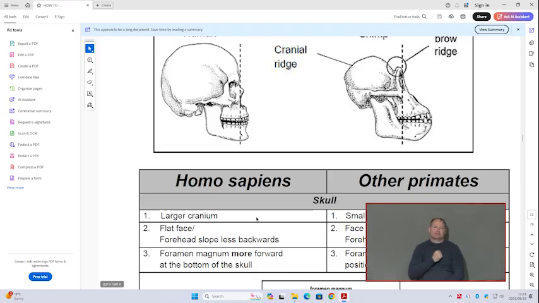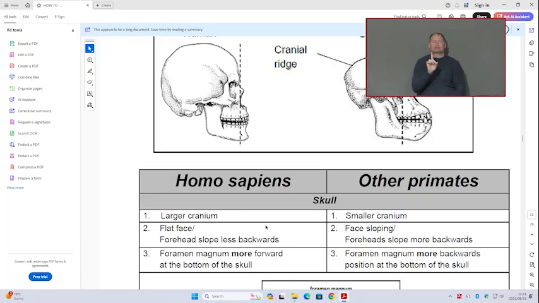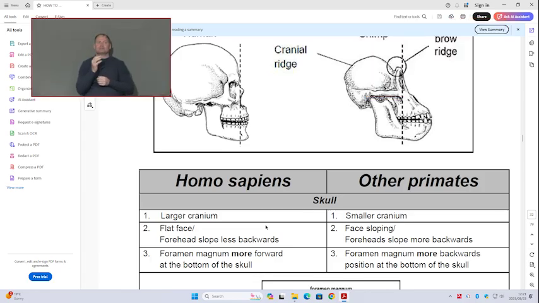Why do we have to emphasize the cranium? Remember, the cranium houses the brain. And we focus on the brain here. So if you say the skull, this is also part of the skull, and it has nothing to do with the brain. So it is important that you write large cranium, small cranium.